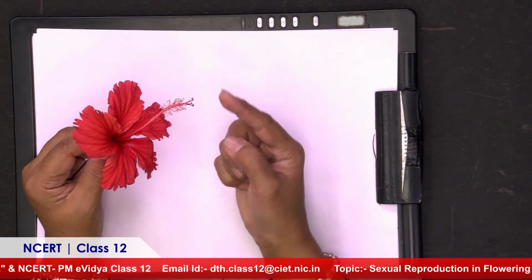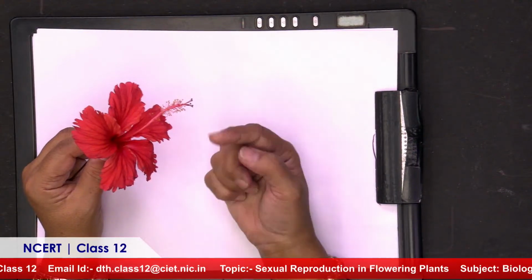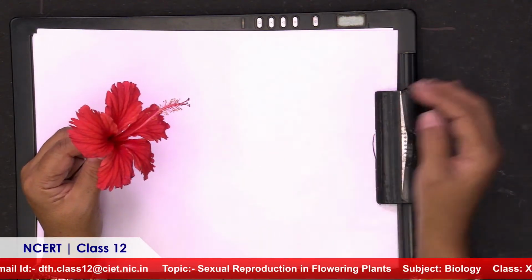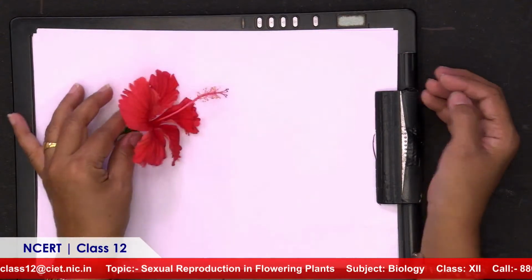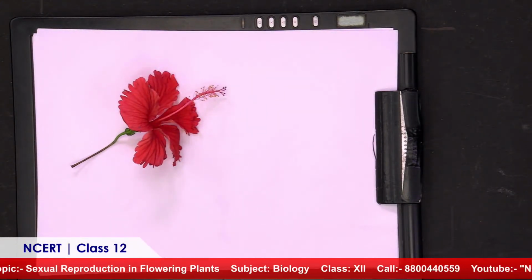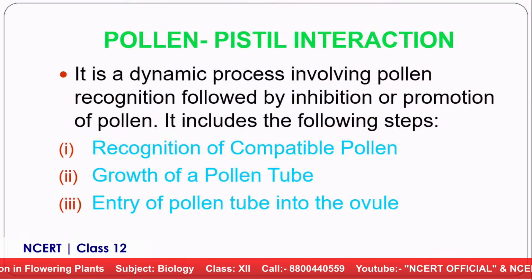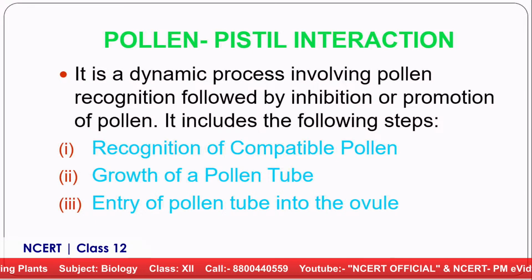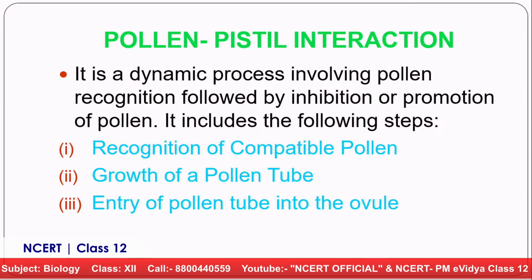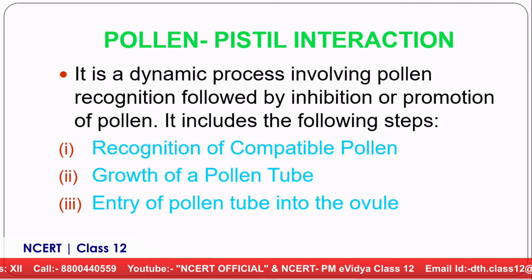इन दोनों के बीच में compatibility and incompatibility को determine करने के लिए this pollen pistil interaction is important. It is a dynamic process involving pollen recognition followed by inhibition or promotion of pollen.